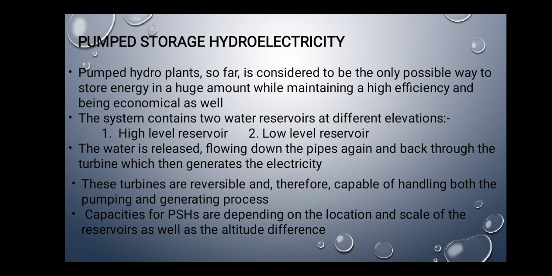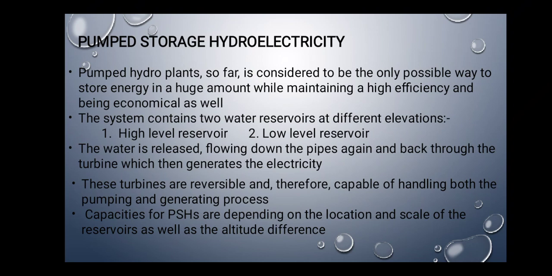Pumped storage hydroelectricity. Pumped hydro plants so far are considered to be the only possible way to store energy in huge amounts while maintaining high efficiency and being economical as well. The system contains two water reservoirs at different elevations, a high level and a low level. The water flows down the pipe back through the turbine, which generates the electricity.